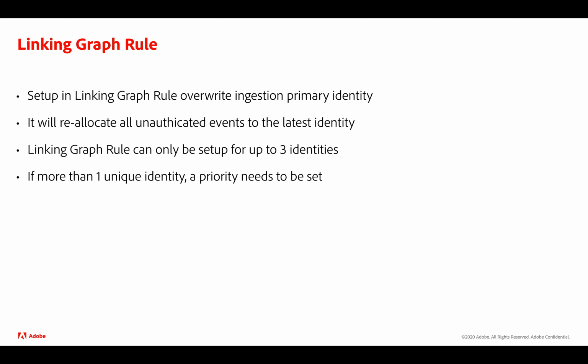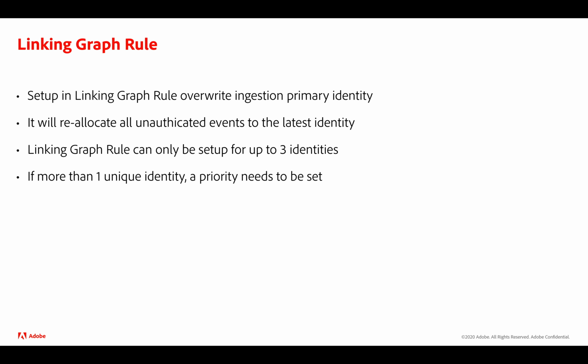Then what is going to happen? First, if you have used identity map and you have set primary IDs, it doesn't matter anymore, because the linking graph rules for profile events or profile data that you send are going to be overwritten by the rule you have defined. Then you will reallocate all unauthenticated events to the latest identity loaded.